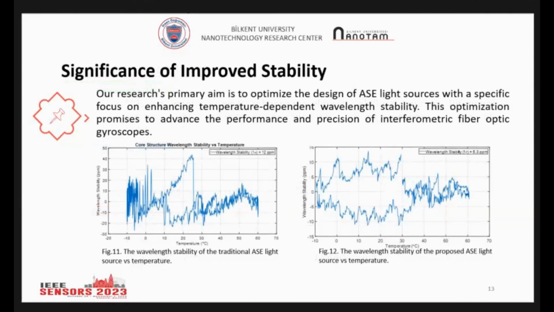As a reminder, regarding the significance of the improved stability, as I mentioned before, the more stable the wavelength, the better our interferometric gyroscope's sensitivity gets. When we compare the traditional one and our novel design, we get a 60% enhancement in the wavelength stability. We reduced 12 ppm to 5.3 ppm.